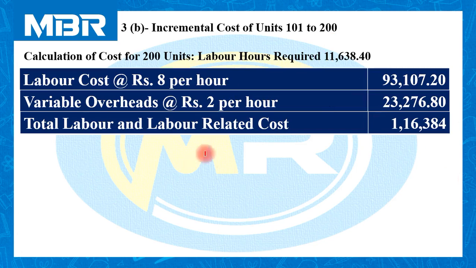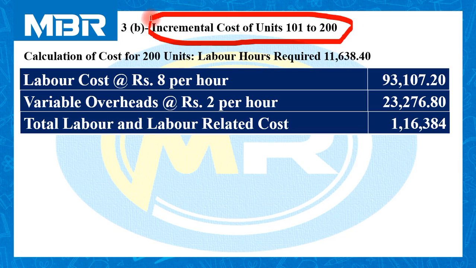As per the requirement, we have to calculate the incremental cost for units 101 to 200. So how to calculate this? It is very simple. In the earlier case, for 80 units and 40 units, calculations were ready. So we simply deducted the cost of 40 units from the cost of 80 units. But in the case of 101 to 200 units, some of the information was missing.